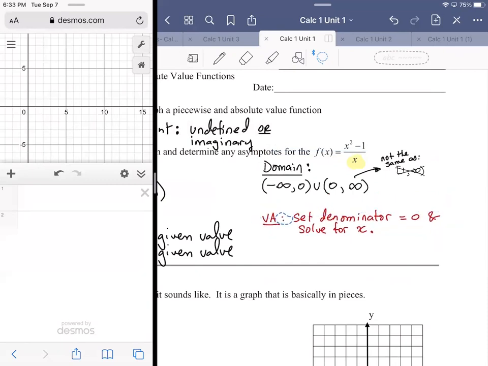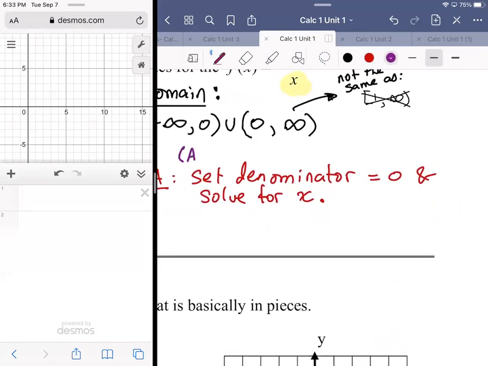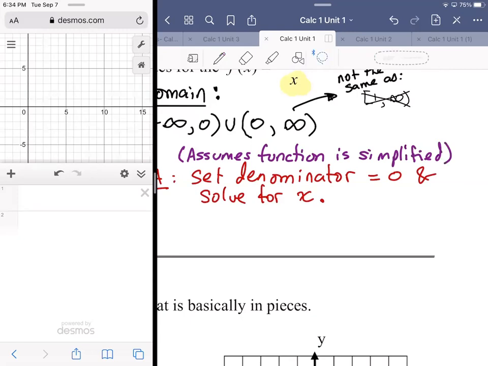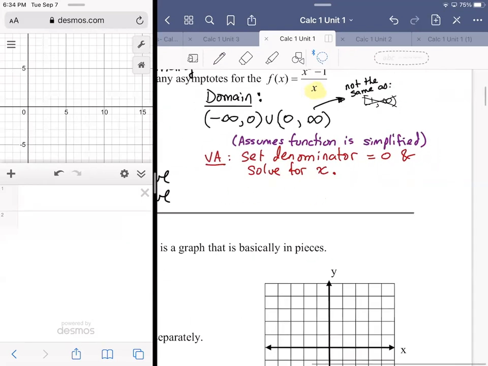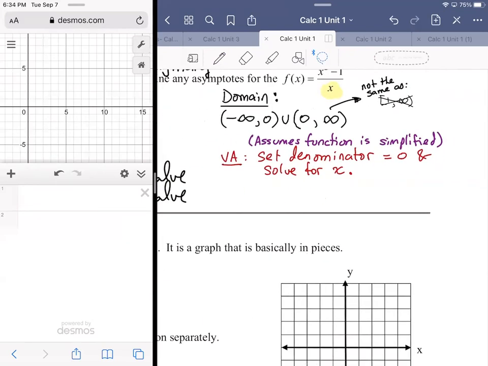Assumes function is simplified. All right, because if you can factor and cancel, that might actually open a different can of worms. You know, you might be looking at a point discontinuity, or otherwise known as a hole in the graph. But you're not.